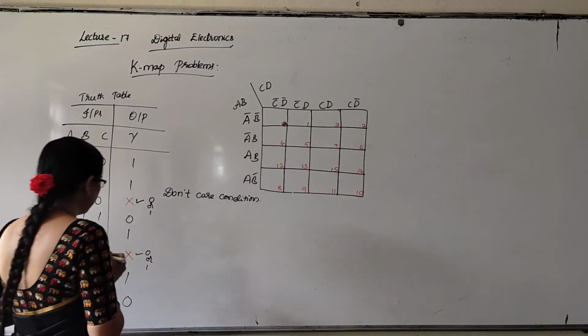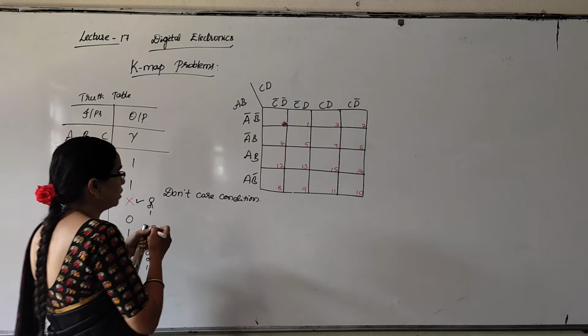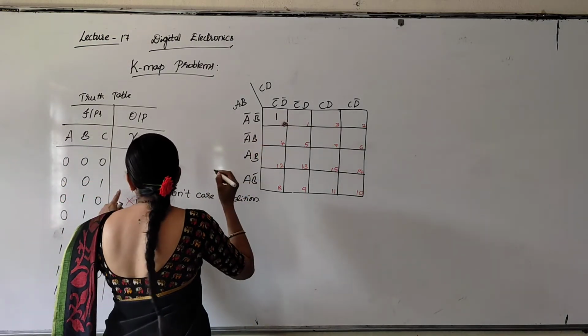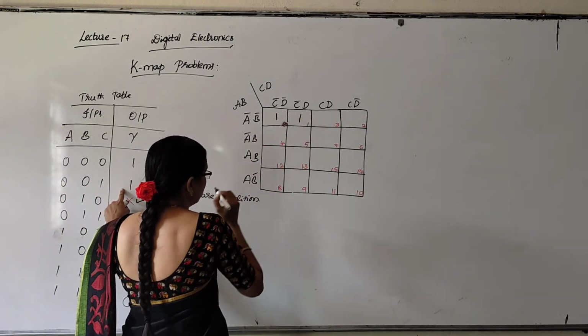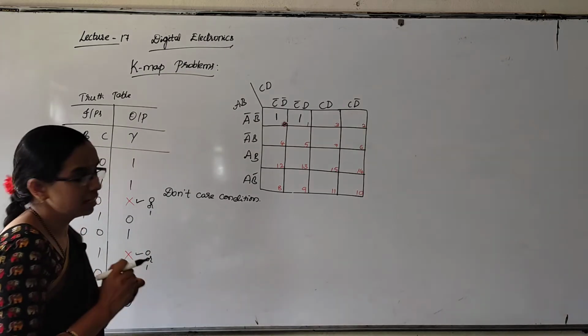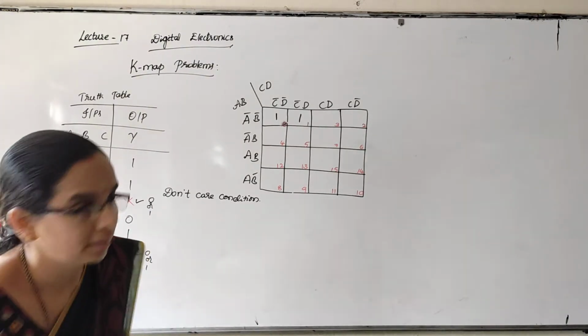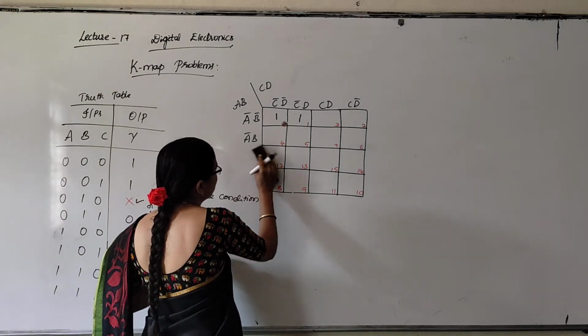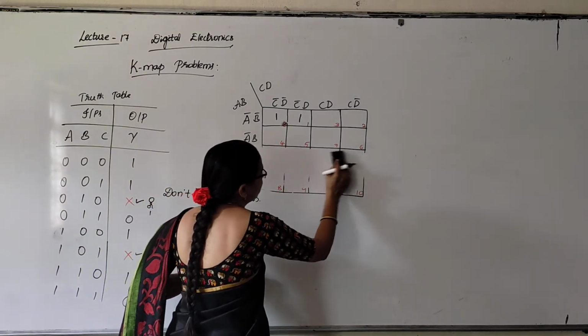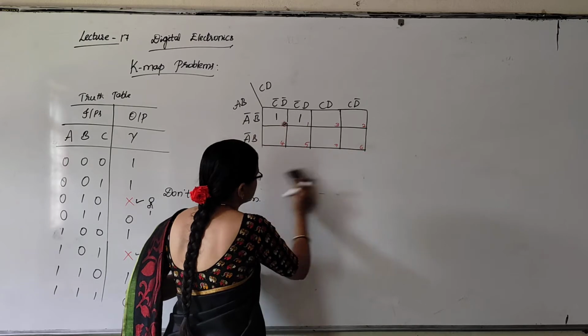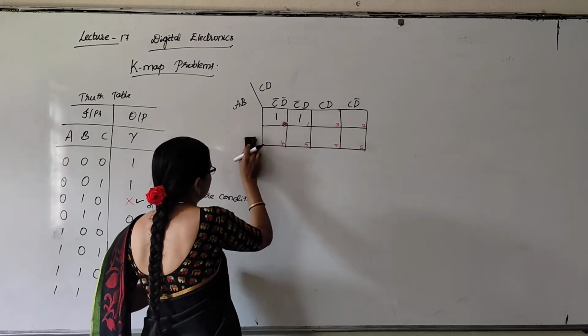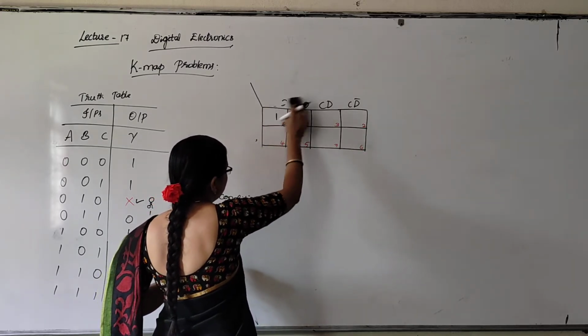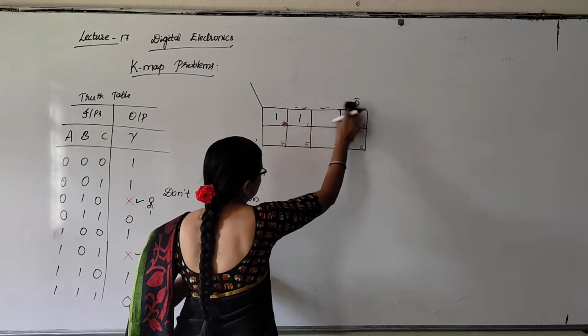I will mark the Karnaugh map. 0 is 1 and 1 is also 1. Sorry, it is the 3 variable Karnaugh map, so not required all these things. It is a 3 variable Karnaugh map.